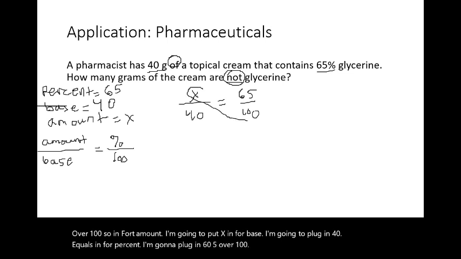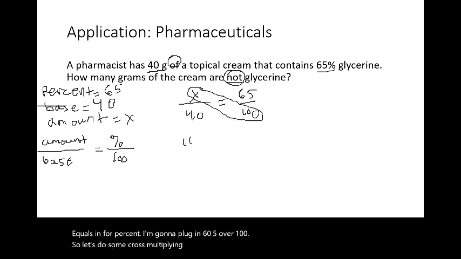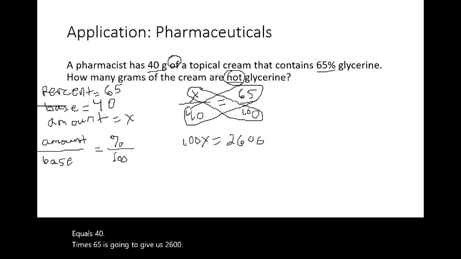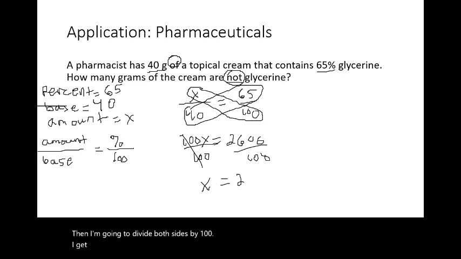So let's do some cross multiplying. So x times 100 is 100x equals 40 times 65 is going to give us 2600. Then I'm going to divide both sides by 100. And I get x equals 26.